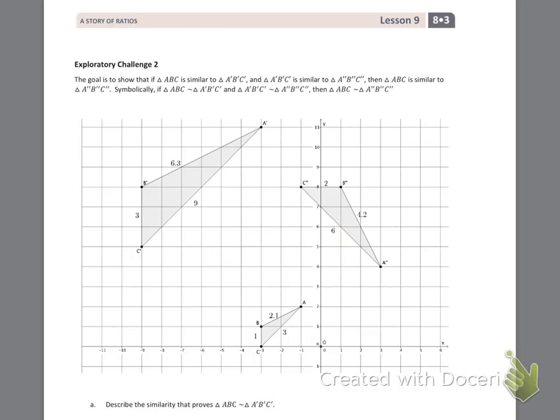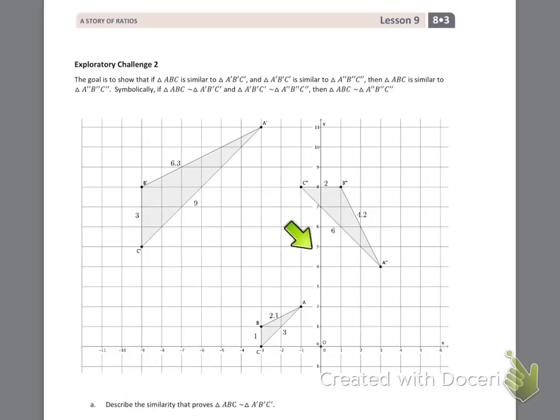So for part C, we're going to verify that ABC can be mapped onto A double prime, B double prime, C double prime. And once we do that, we've shown the transitive property because we've already shown this triangle similar to this one and this one similar to this one.